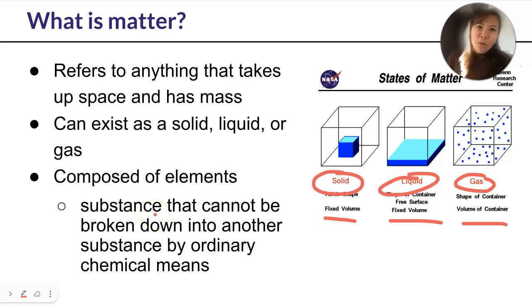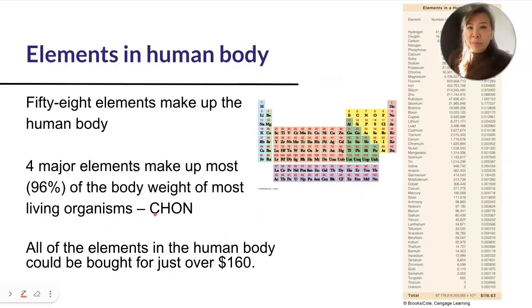So let's move on to the different types of elements that are actually in the human body. There are currently 58 different elements that make up the human body. Right, and so here we can see all the different elements that we're talking about. The four major elements that make up most of our body weight are carbon, hydrogen, oxygen, and nitrogen.